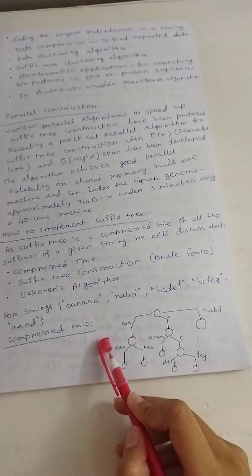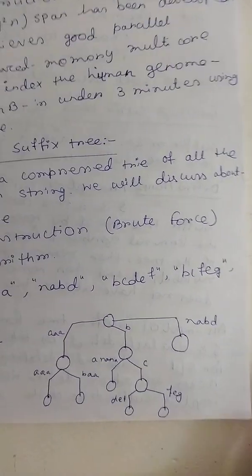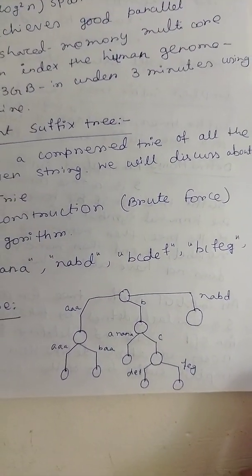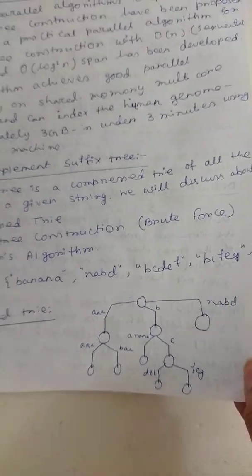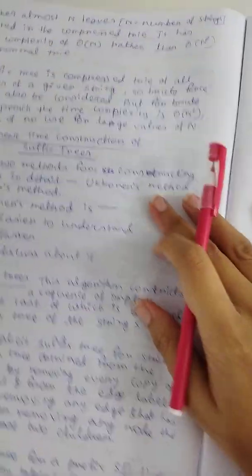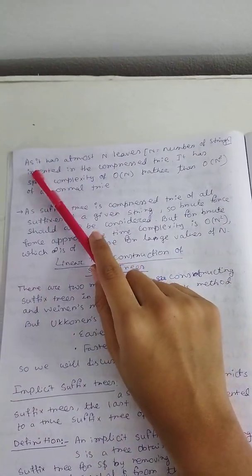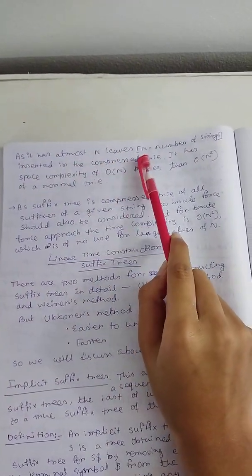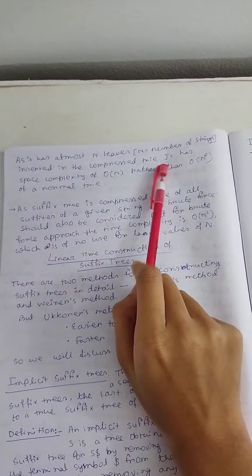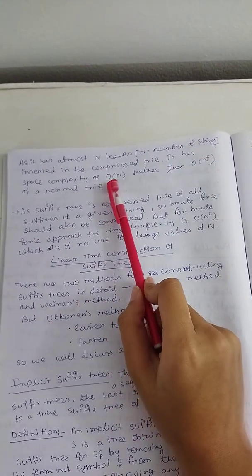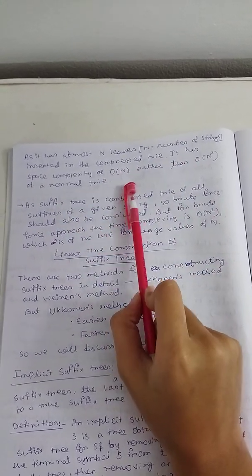For the compressed trie, we will get this kind of diagram. You can see the diagram here. This one we will get for the compressed trie. We can say from it that as it has almost n leaves, where n is the number of strings inserted in the compressed trie, the space complexity will be order n rather than order n squared of a normal trie.